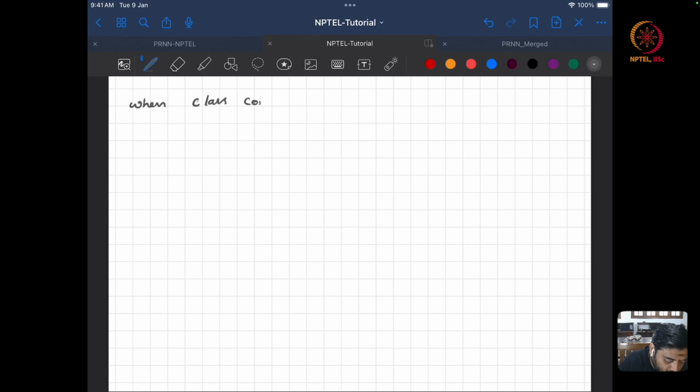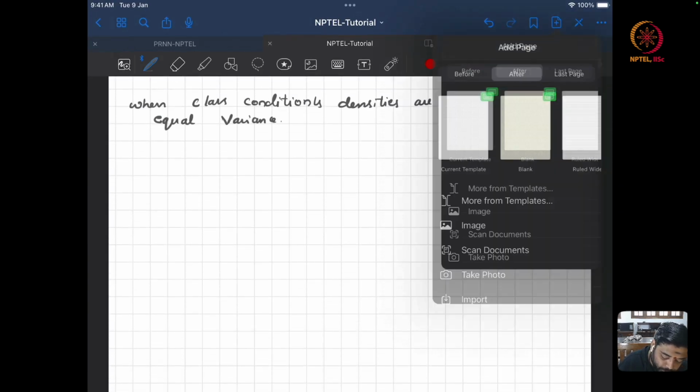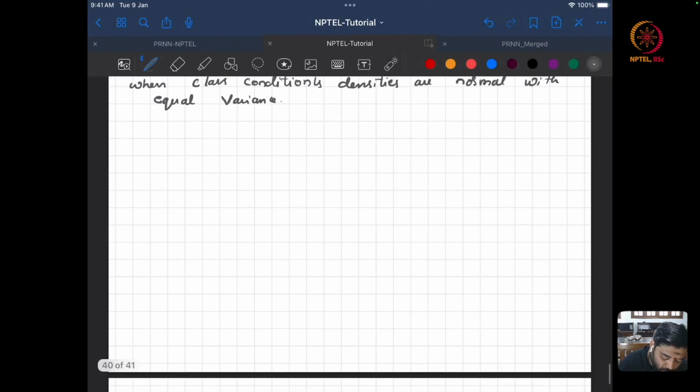when the class conditional densities are normal with equal variance, E1 is the integral from tau to infinity.